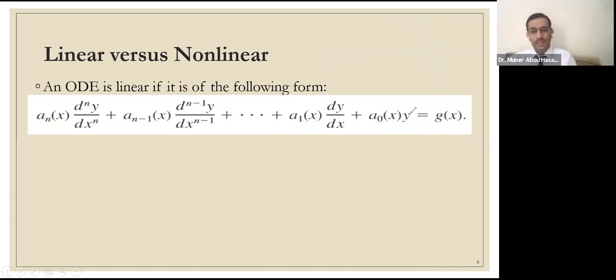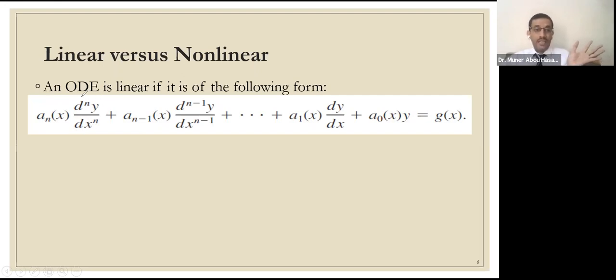Notice that this formula is the general form for the linear differential equation. Look how I can study this form. Here I have a_n(x), any function of x, so it contains only x, times the nth derivative of y.